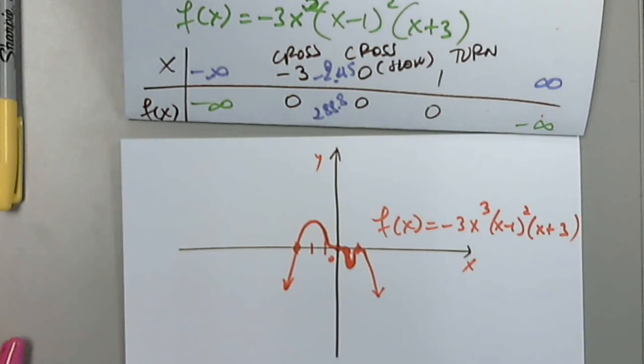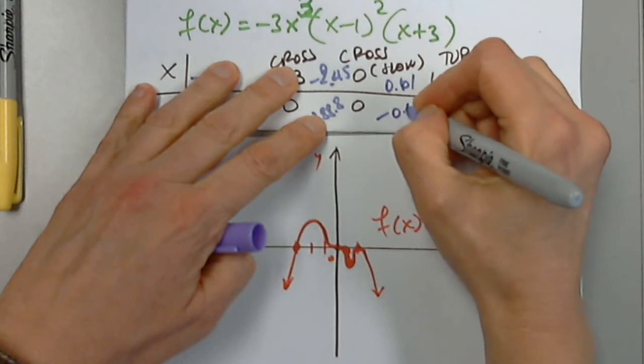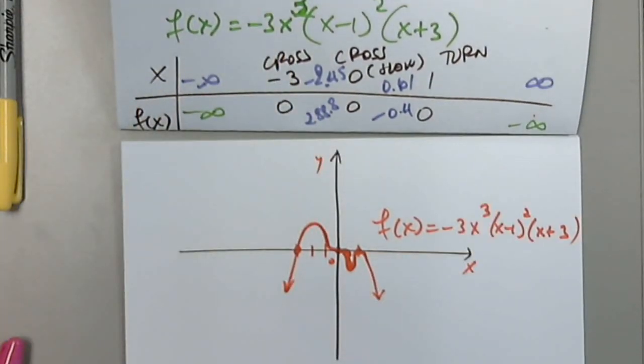So second, calc, it's a local minimum, so it's number 3, between 0 and 1, and just give me the minimum. 0.61, negative 0.4. I know everything about this graph.